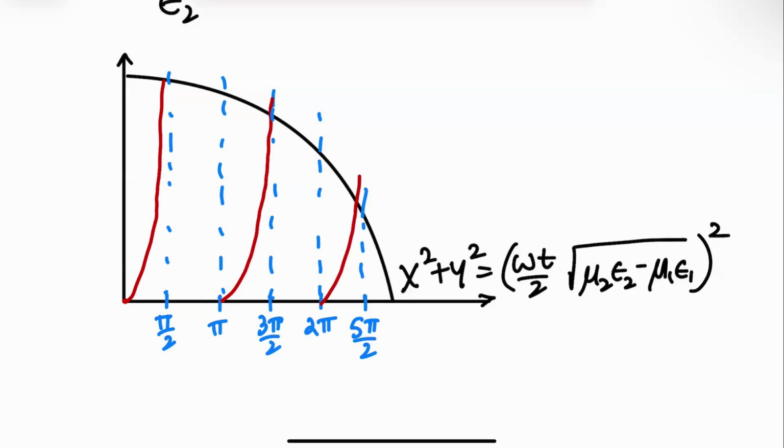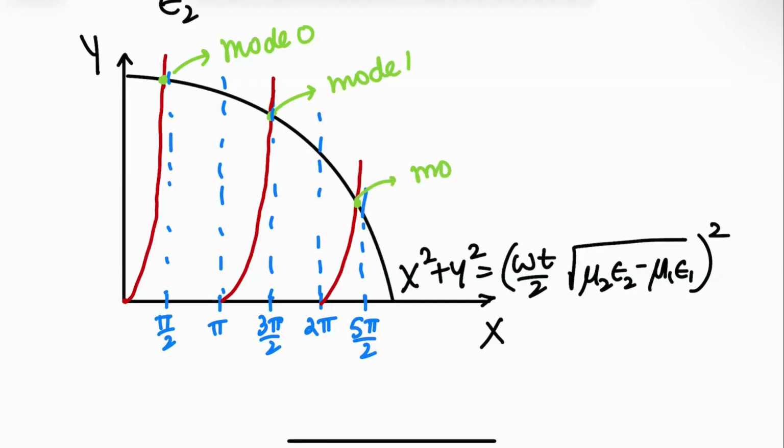So the solution to this graphically happens when these two curves intersect. So these are your solutions. You have one solution here, one solution here, and one solution here. Okay, so this is considered to be different modes. So this is mode 1, or I'll call this mode 0 maybe. This is mode 1, and this is mode 2. Okay, so these are all the different modes.